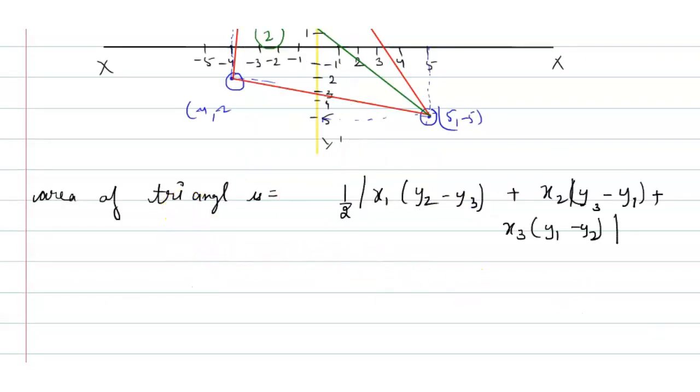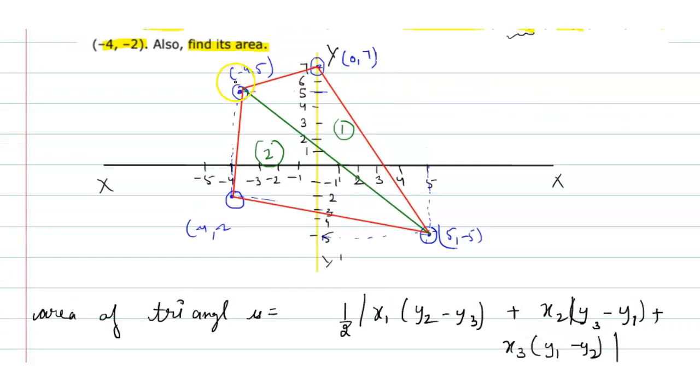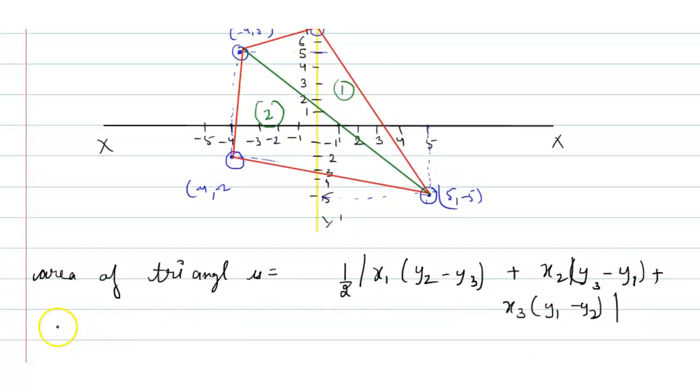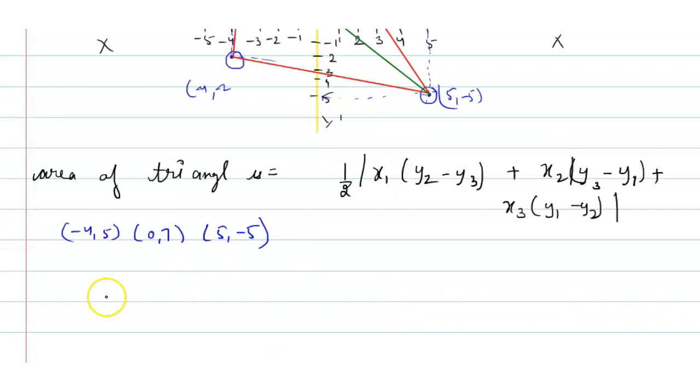Now find the area of the first triangle. Here the points are given: (-4, 5), (0, 7) and (5, -5). Now using this formula, put the values in this. Here are x1, y1, x2, y2, x3, y3.